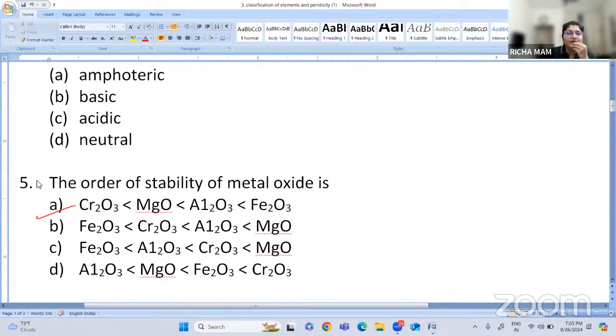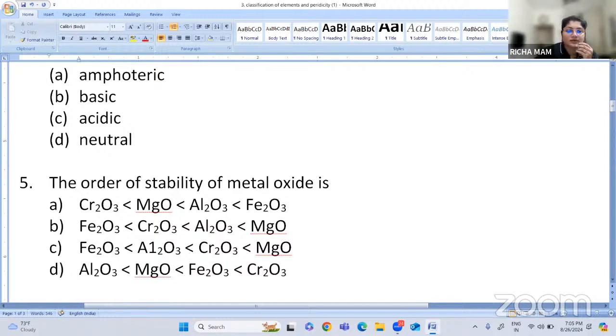The order of stability of metal oxide is. So see, different metal oxides are given.